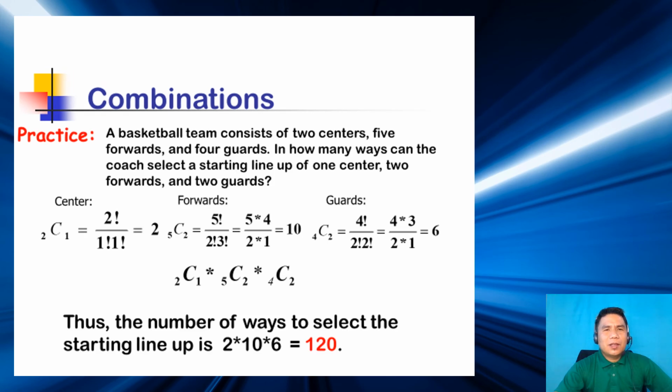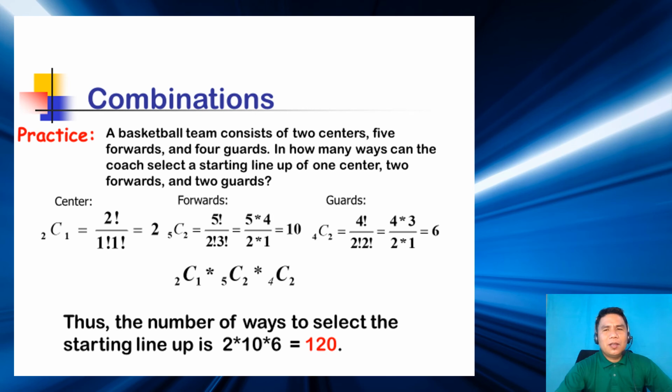Okay, let's take this last problem here. It seems harder compared to the others. Now, a basketball team consists of 2 centers, 5 forwards, and 4 guards. In how many ways can the coach select a starting lineup of 1 center, 2 forwards, and 2 guards?